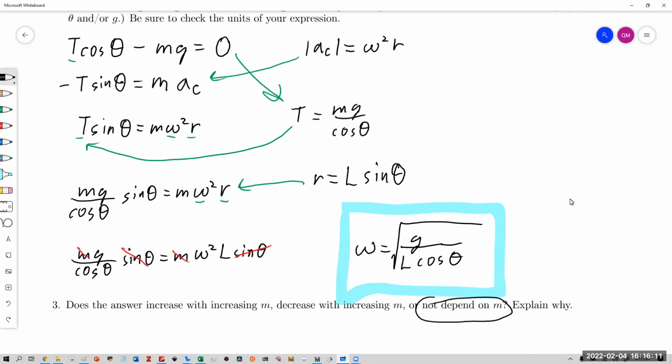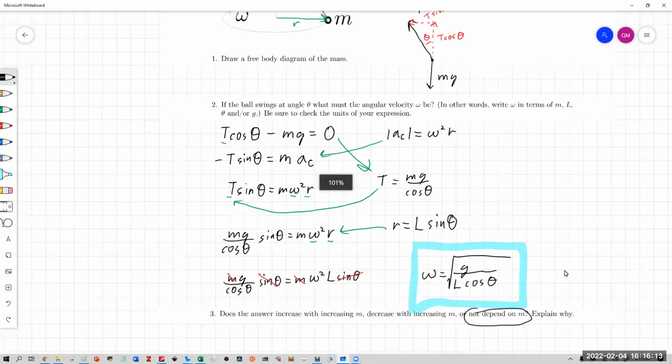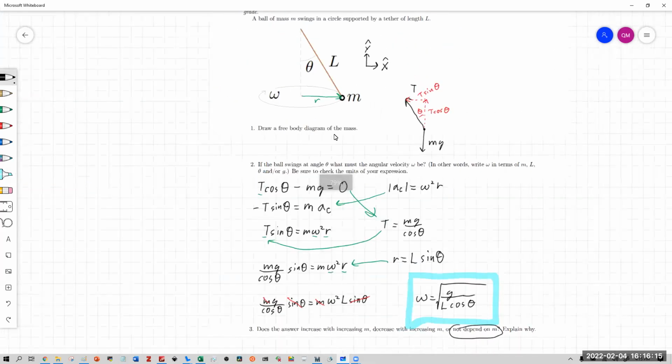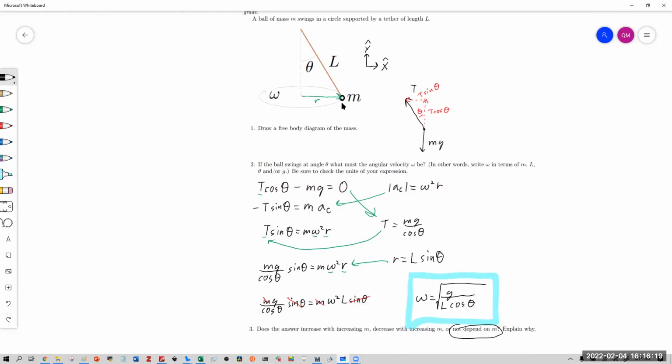The m's canceled. The m is doing two things. Gravity is pulling down on m, and m is being pulled out by centrifugal force, if you want to think about it that way. And those cancel each other out.